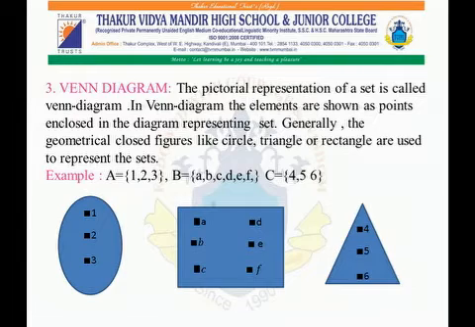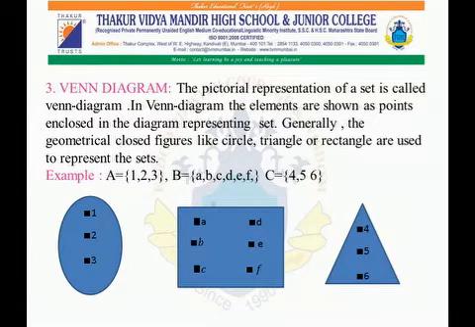Here we use geometrical figures like circle, triangle, rectangle to represent the set, and its elements are denoted by points. See the example. Here set A is {1, 2, 3}, so 1, 2, 3 are elements of set A. Set A is denoted by an oval, and its elements are the points 1, 2, 3.